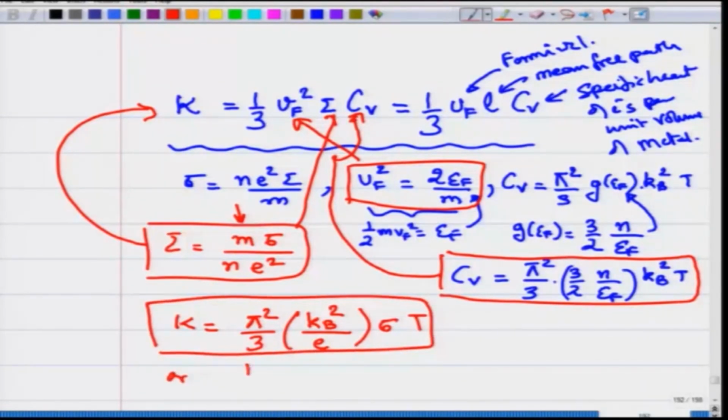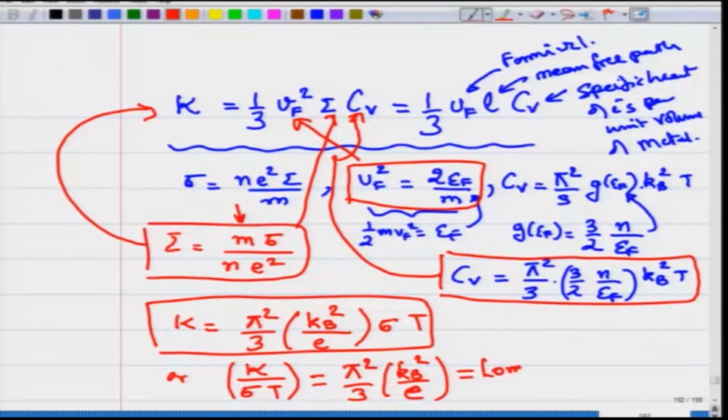So the thermal conductivity divided by the electrical conductivity into the temperature is a fundamental constant, pi square by 3 into Kb square by e square, where e is the electronic charge. This is of course your Lorentz number, and this is your statement of the Wiedemann-Franz law.